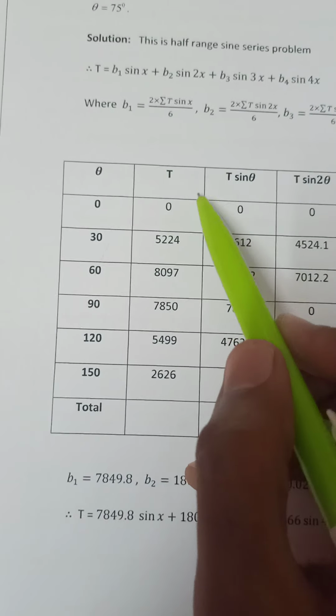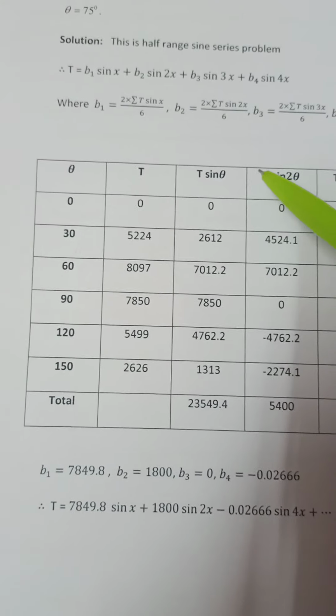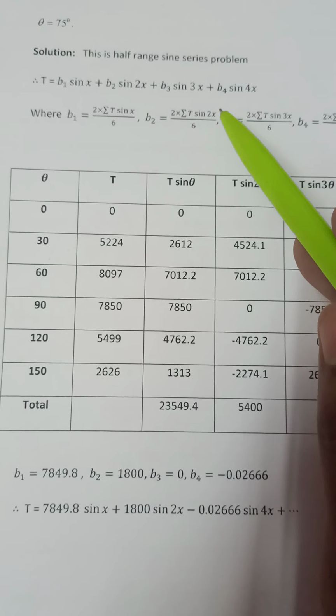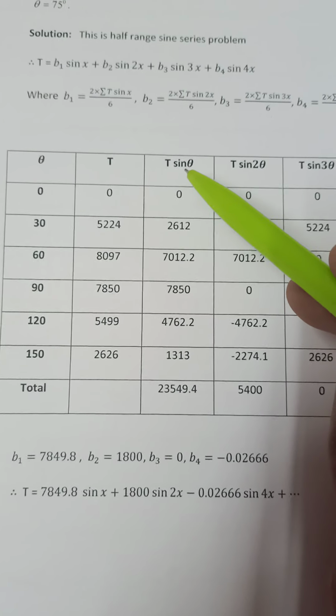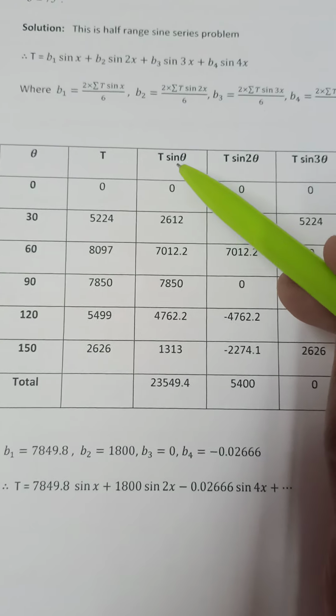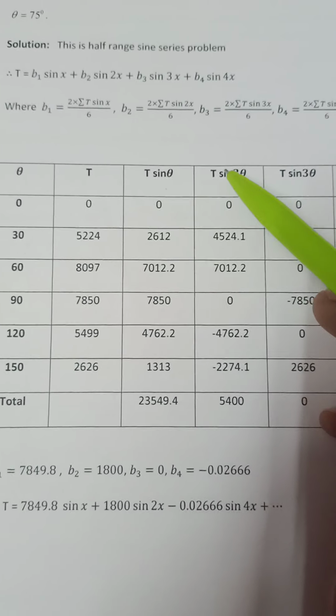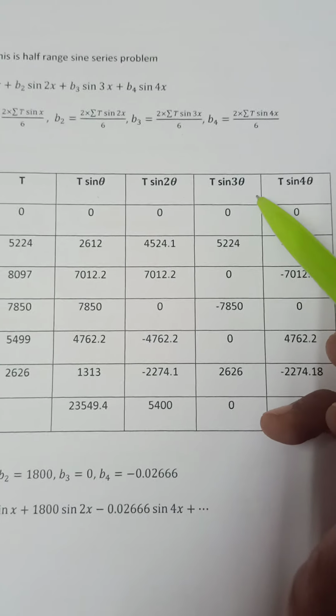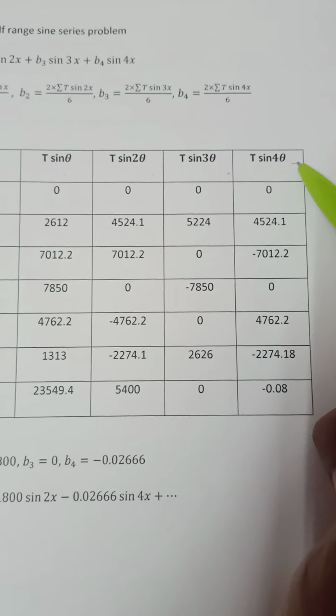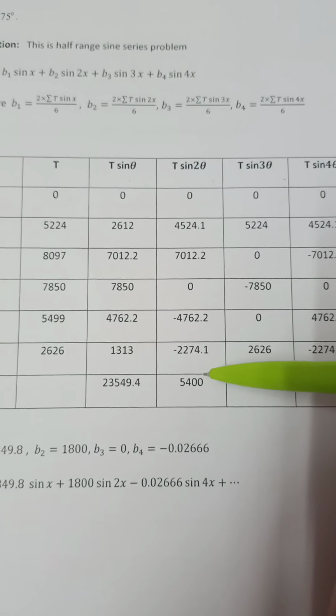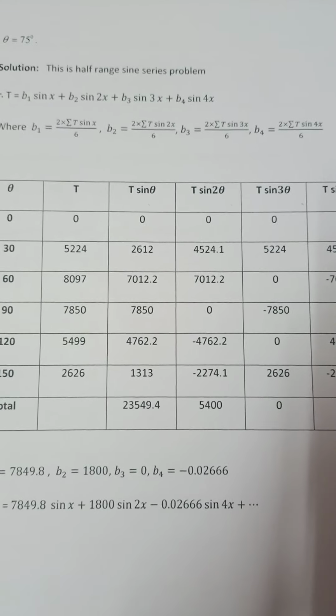These are the values of theta and T. Now we'll calculate. Here x is given, but in the example theta is there, so we'll form the columns for T sin theta, T sin 2 theta, T sin 3 theta and T sin 4 theta, which we require to calculate b1, b2, b3, b4.